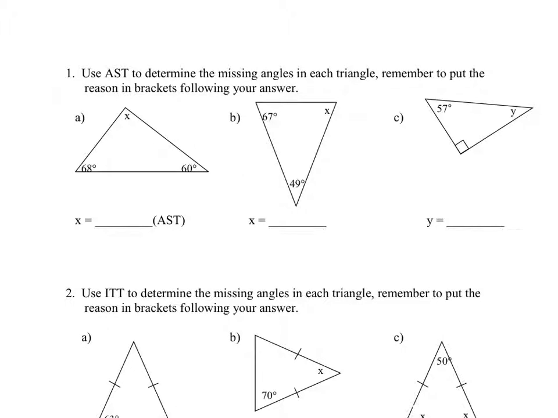So in question 1, it says to use AST, which states that the three angles in a triangle add up to 180 degrees. We're going to use that theorem to determine the unknown angle. So in A, our unknown angle is x. I also know that the other two angles are 68 and 60.